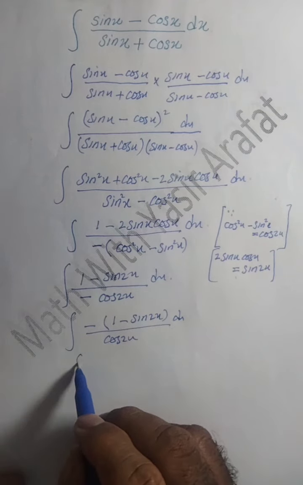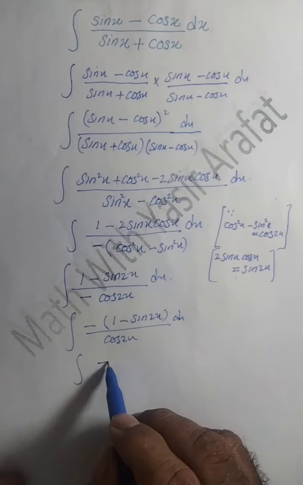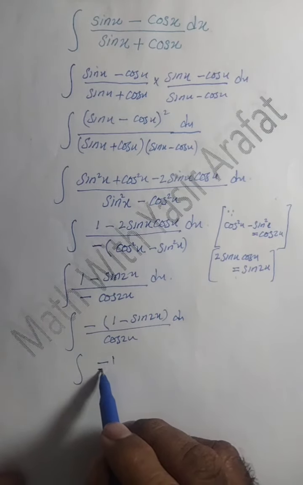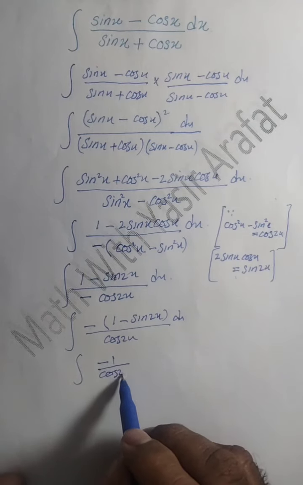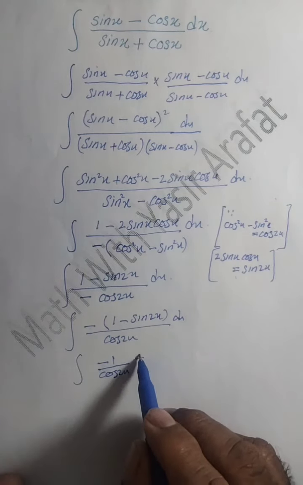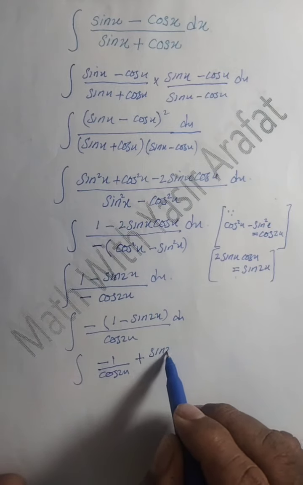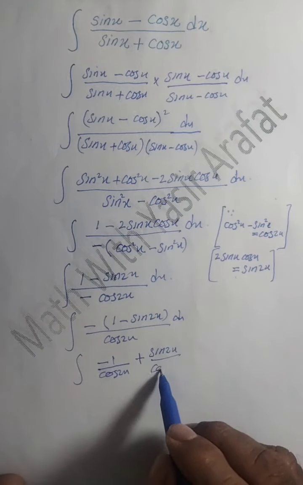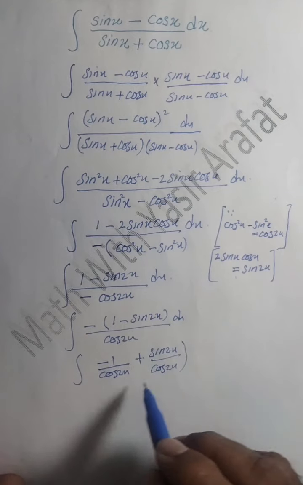Now we have to break the LCM. Minus 1 over cos 2x minus sin 2x over cos 2x, of dx.